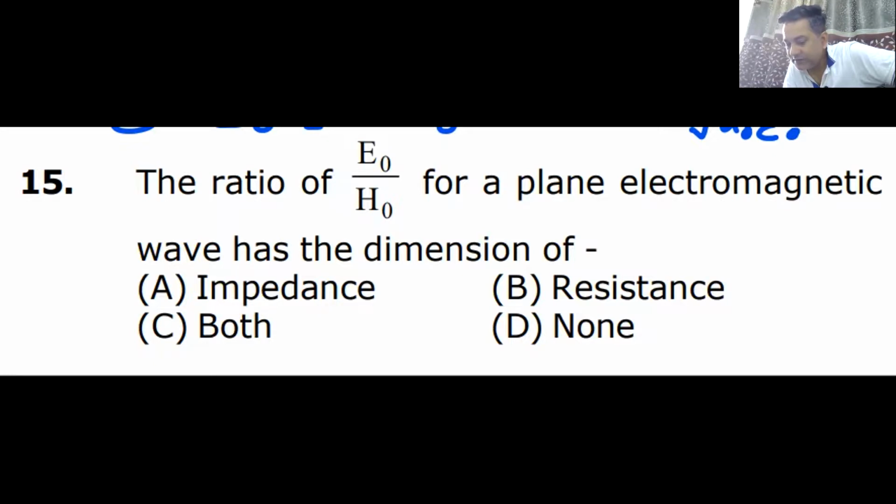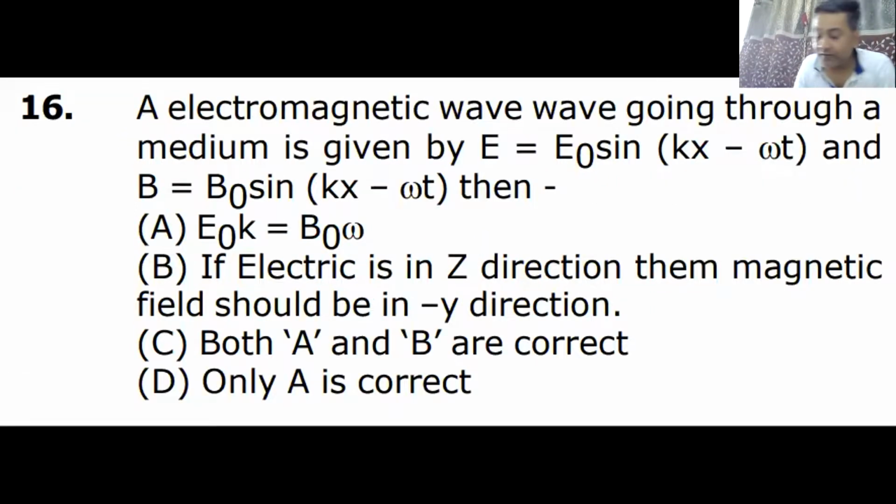Impedance, resistance, both, none. Okay, you don't know these terms right now, so let me not bring it now. We'll probably go to that question afterwards when we are done with this.